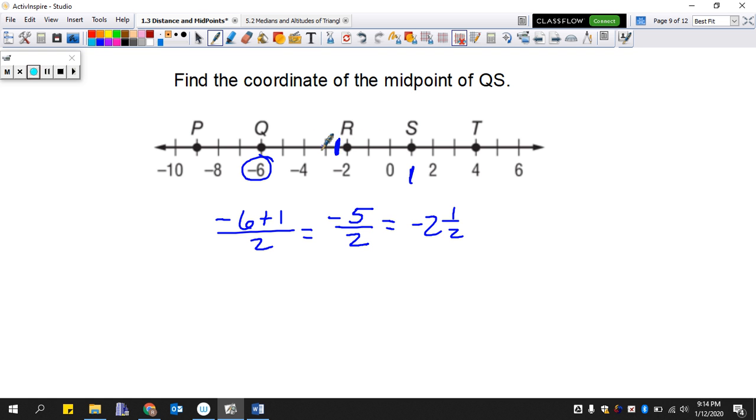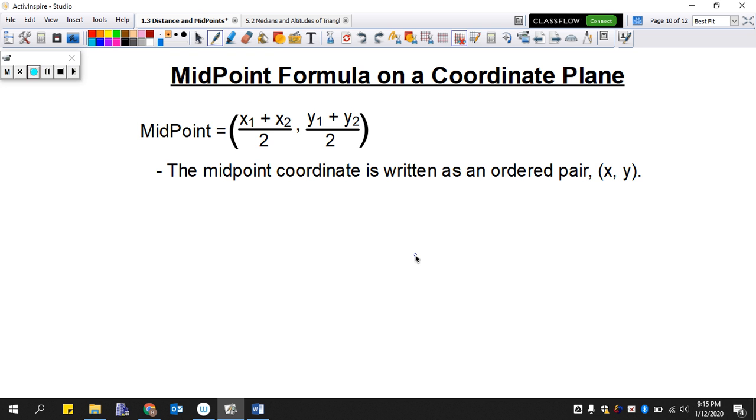The only difference here is that we're going to have two values that we're working with, an x value and a y value, instead of just the one. And the important thing here is that the midpoint coordinate is written as an ordered pair, just like that.